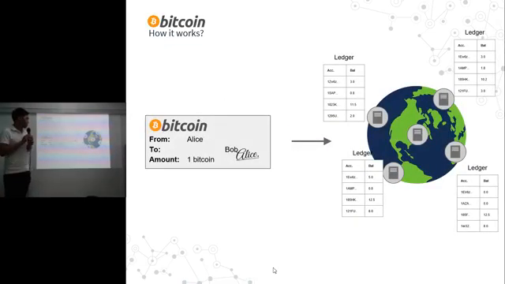And what would happen here is, when Alice wants to send 1 Bitcoin to Bob, you can kind of imagine that she's taking out a Bitcoin check, and she says, I want to send some money to Bob, amount of 1 Bitcoin, and then she can use her private key and sign this check. So instead of taking this check and going to a bank, she would broadcast it to the world.